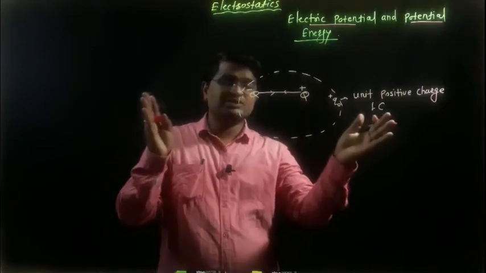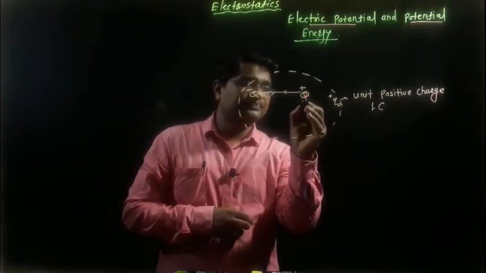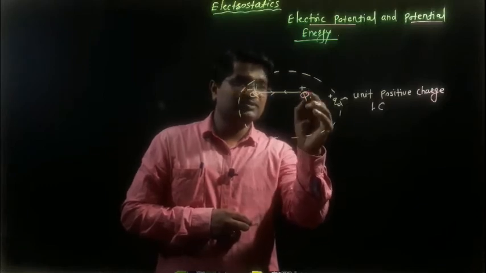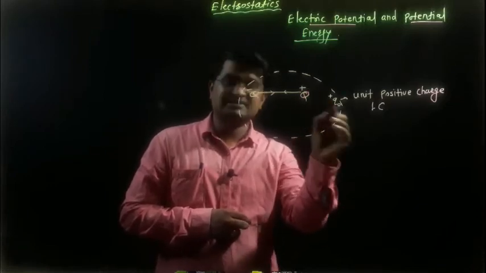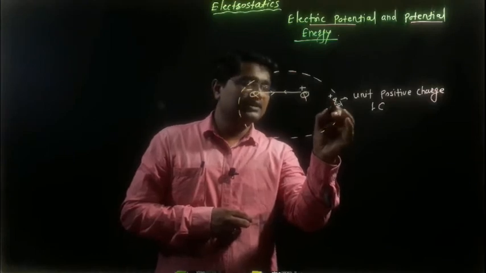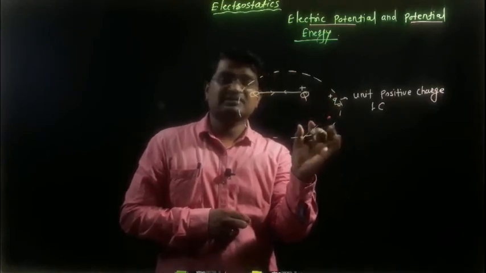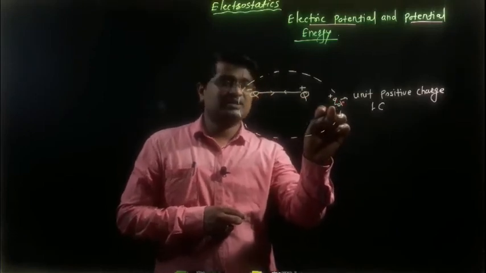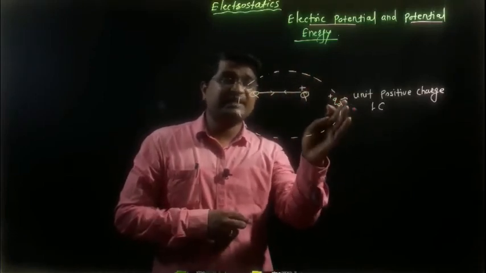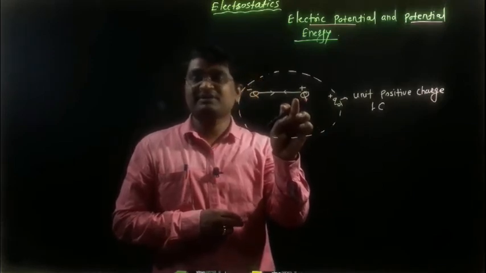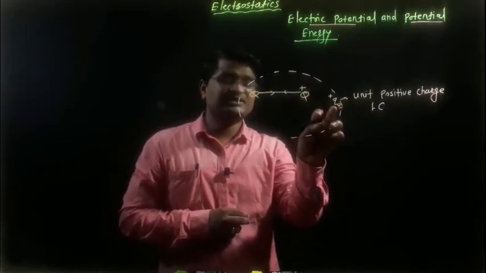The Q charge produces its own electric field in the surrounding region. The unit positive charge also produces an electric field in the surrounding region, but it cannot produce any effect on the positive charge Q, because it is very small.